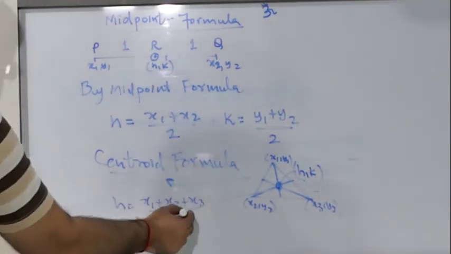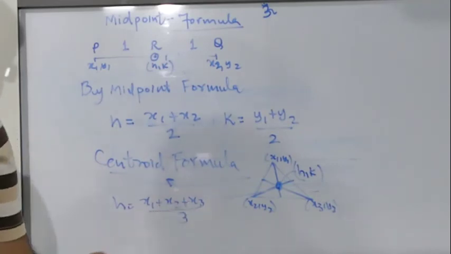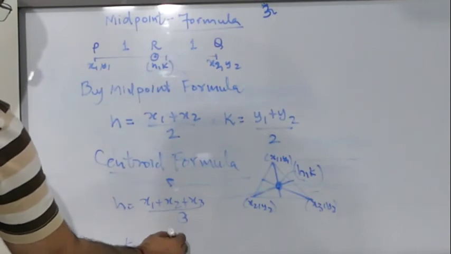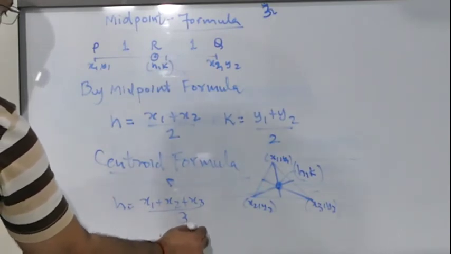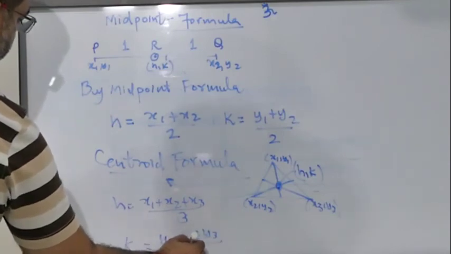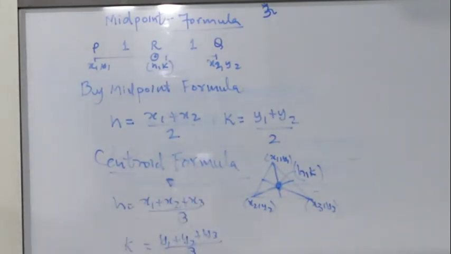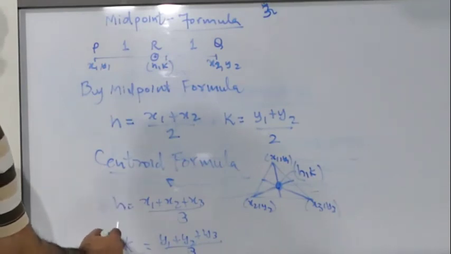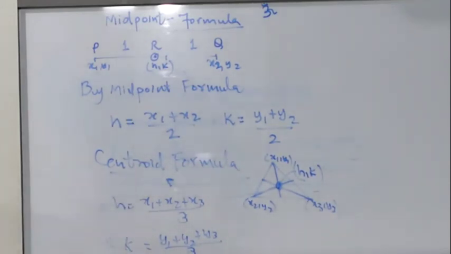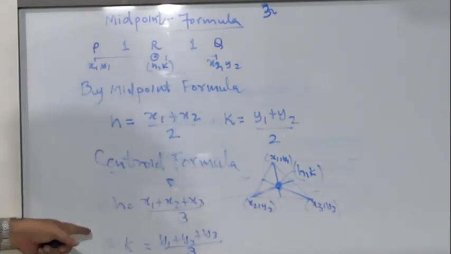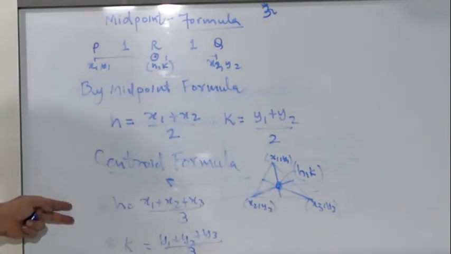That is going to give you h. Okay? And what is k? K is going to be similarly y1 plus y2 plus y3 upon 3. Alright? So this gives you h and this gives you k. So you can find the coordinates of h comma k using the centroid formula.